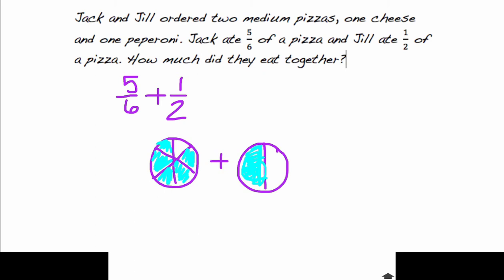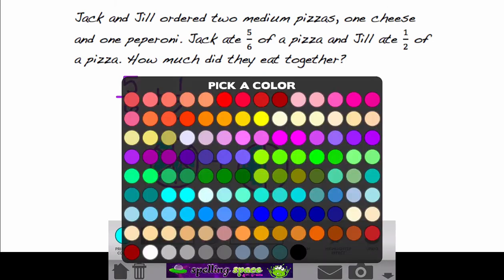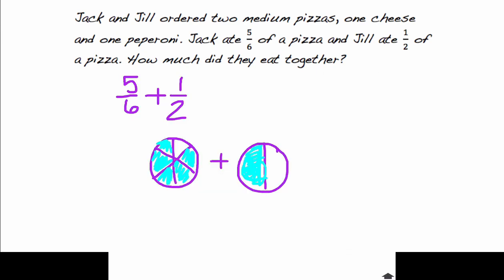Sometimes we want to figure out, well, how can I fill in this empty space? So I need to take something away from the half that I have over on the other side in order to get that to be a whole pizza. So in this case, what we can do is we can actually take this second pizza and we can divide it up into 6 pieces also.